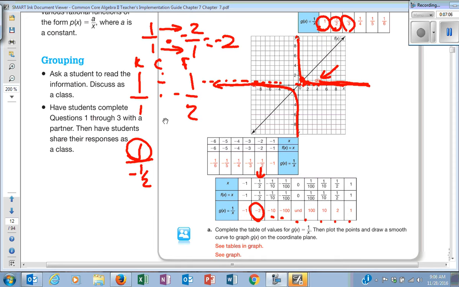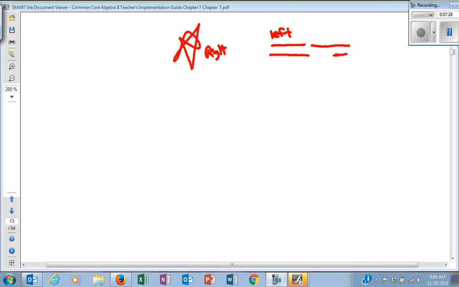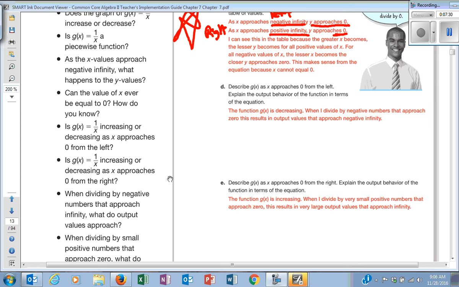So from the left, that would be this side of the graph, as it's coming to here, what do you notice about this? It's going down forever. So as I'm going to the left, my graph is going down infinitely. So when they go to that answer, they're going to say the function is decreasing. That means that my y is going down.